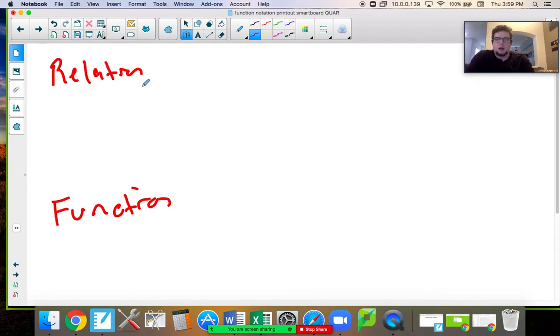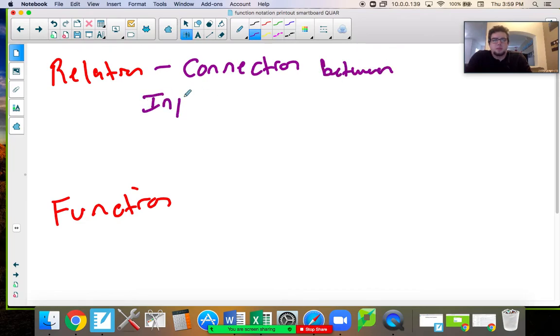So our unit on functions begins with a relation. A relation is a connection between input values and output values.